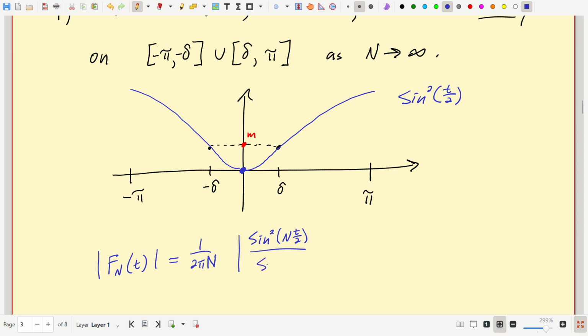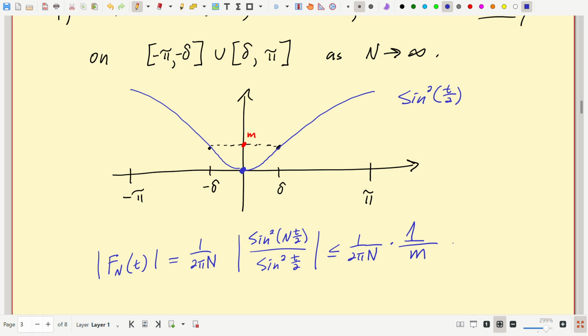And here I get a sine squared t over 2 in the bottom. That's going to be less than or equal to 1 over 2 pi n, a 1 on top. And now I know the bottom thing is bigger than or equal to m. So that's going to be less than or equal to 1 over m.